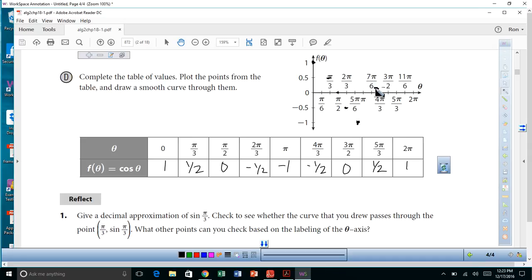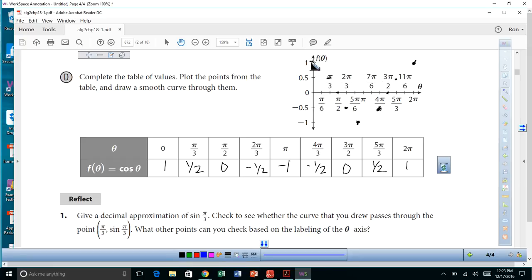4 pi over 3 is going to be -1/2. Right there. And then 3 pi over 2 is going to be 0. 5 pi over 3 is going to be 1/2. And 2 pi is going to be 1. Let's draw that.